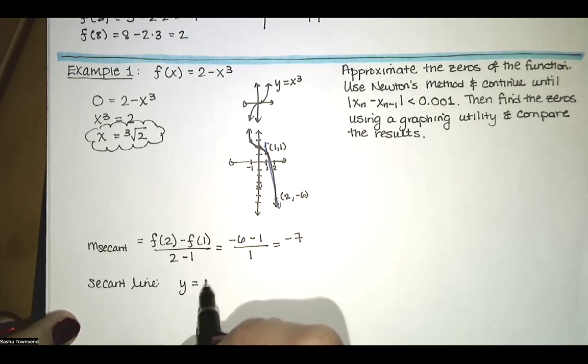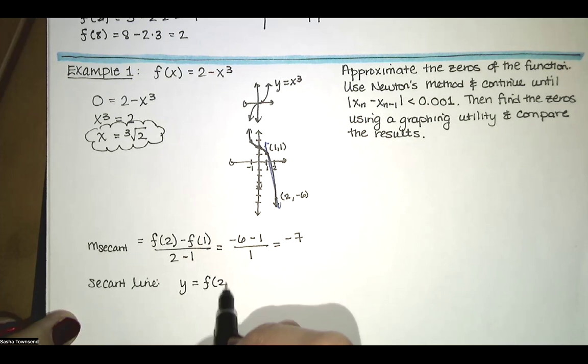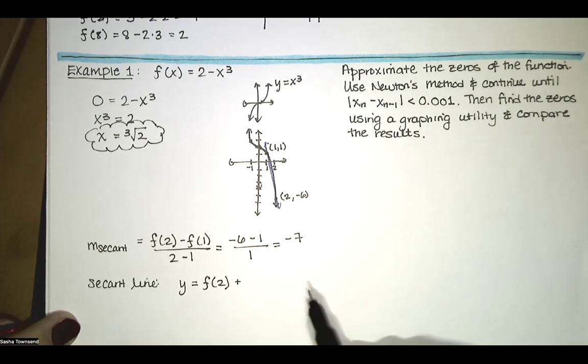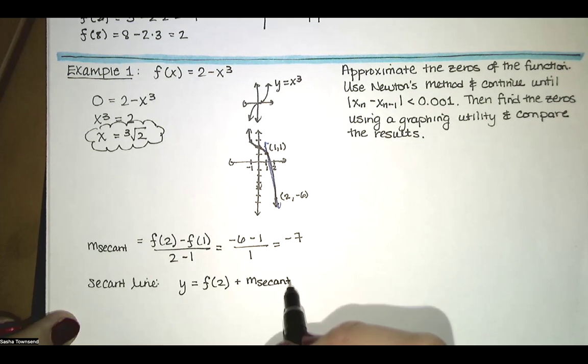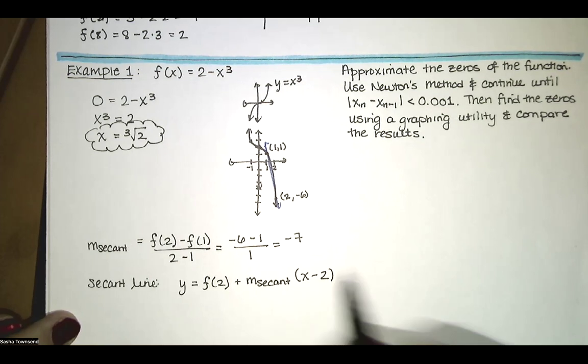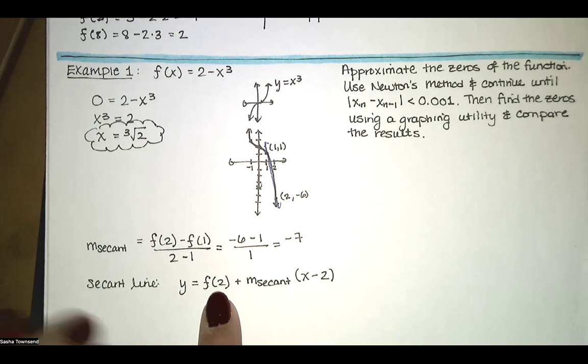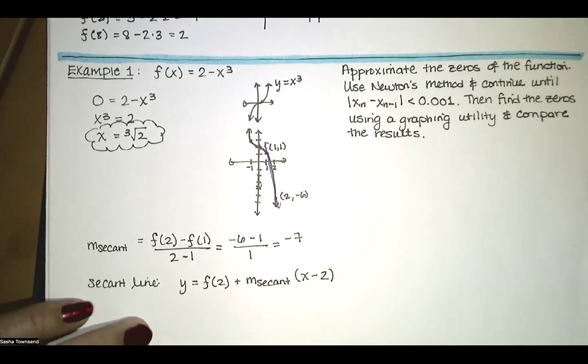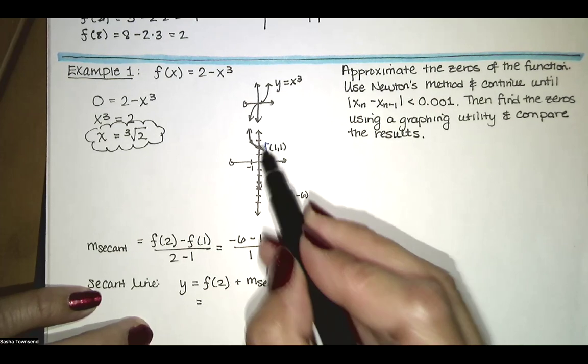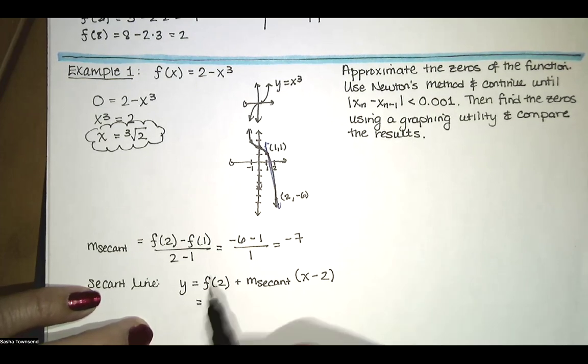It's y equals the y value at x equals 2 plus the slope of the secant, which is -7, times x minus 2. We could have just as easily used x equals 1 here. We'd have f of 1 and x minus 1 in that case. The line passes through both points, so we can use either point.